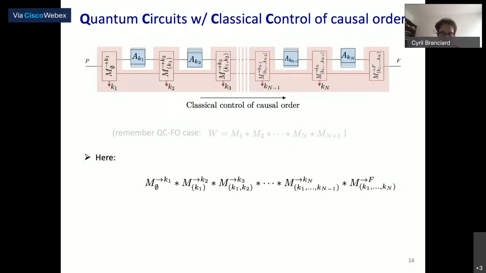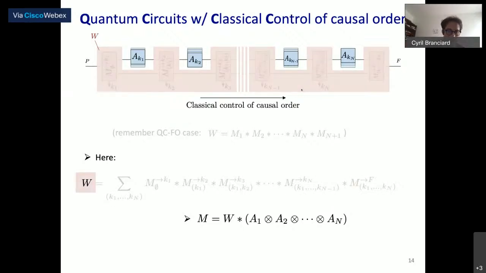So we obtain such a term which corresponds somehow to the order being K1, K2, K3 up to Kn. But of course, all the possible orders could be obtained. To obtain the process matrix, we don't want to post-select on a specific order, so we just sum all those possible orders, and that gives us the process matrix of such a circuit.